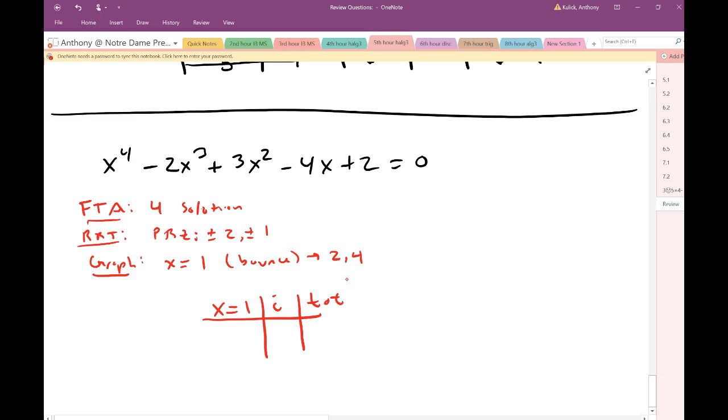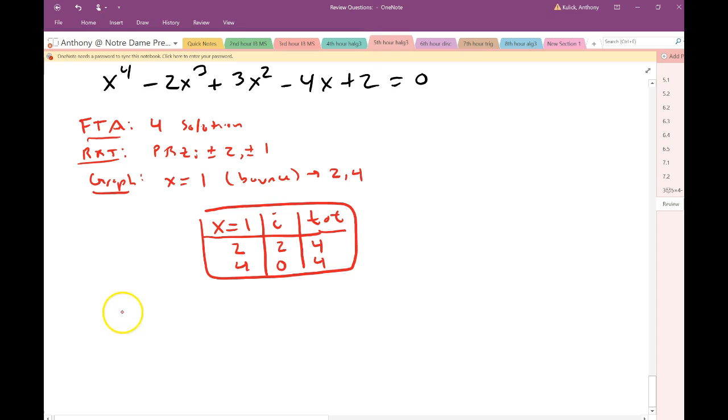Yes, Riley? But it's constant over the coefficient. Factors of the constant over factors of the leading coefficient. So this could be used 2 times, 2 times 4, or 4, 0, 4, right? Those are the only possibilities, right? So let's do the synthetic division now.